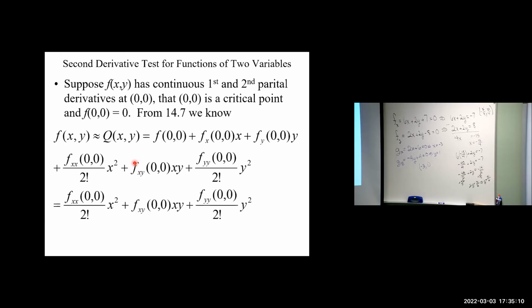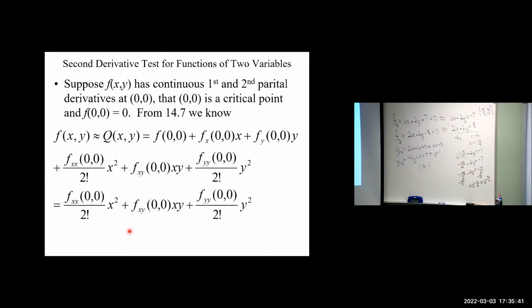Now, it looks messy. This is a second degree Taylor polynomial of a multivariable function. It involves the first order partials, the second order partials, and the mixed partials. Well, we only care about the quadratic terms. We only care about the concavity at the point because all we're doing is testing for a max and min, so we can not worry about the rest.